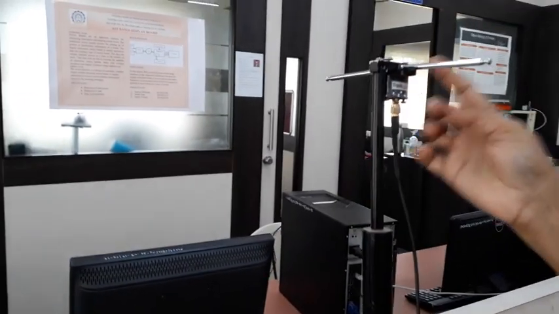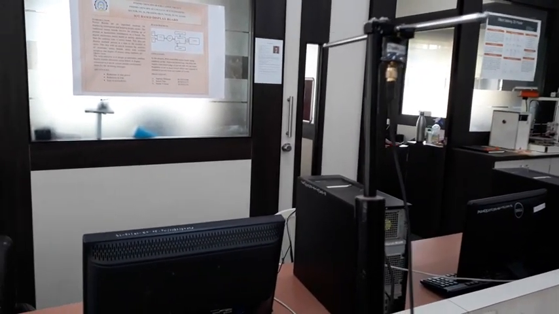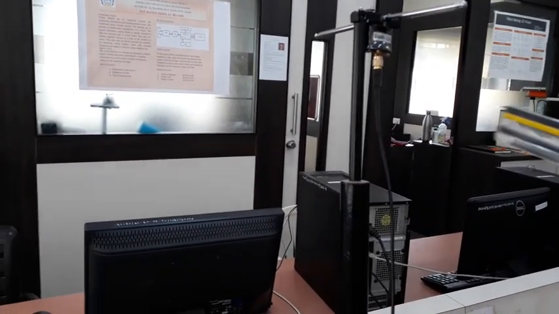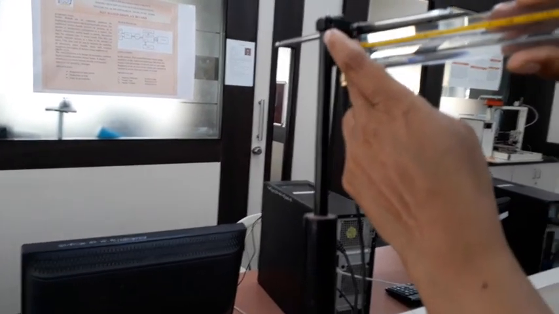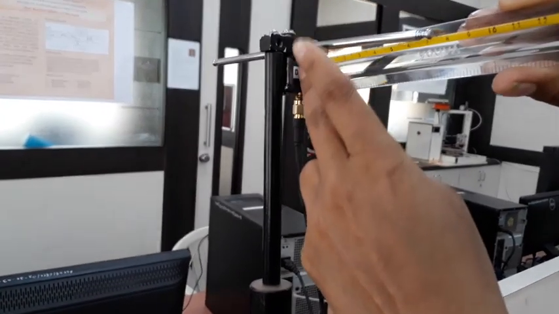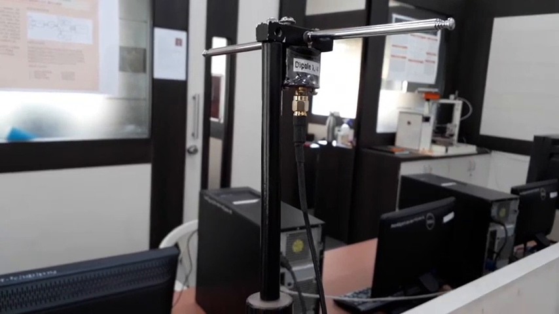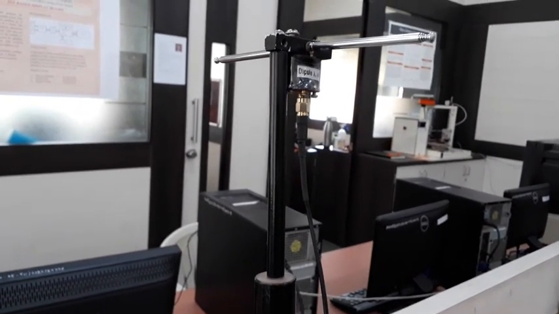So this is our transmitting antenna, and we know that for 500 megahertz, lambda by 4 must be 15 centimeters. If I measure this particular length, it is 7.5, and similarly the other one is 7.5. So this is the 15 centimeter lambda by 4 antenna for 500 megahertz.